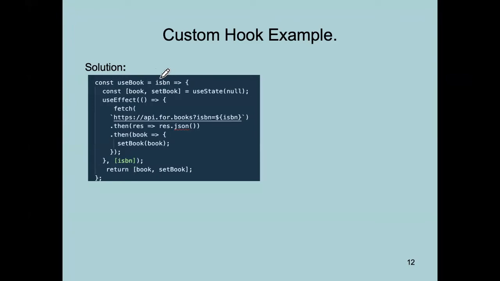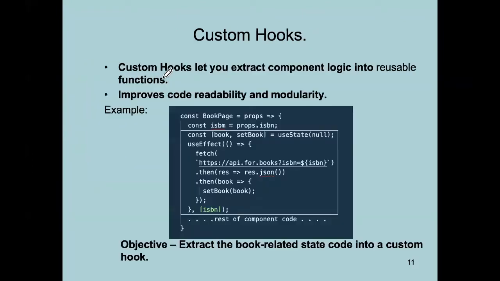Now, it would make sense that this function be passed the ISBN number, because that seemed to be what drove this code here, right? The user entered an ISBN number. Well, in my case, it's being passed down as a prop, and that ISBN number is being used here to make the API call.